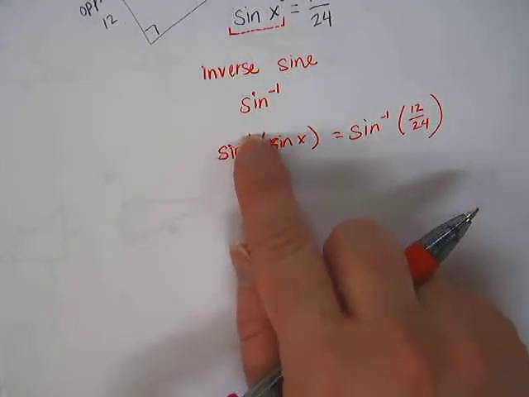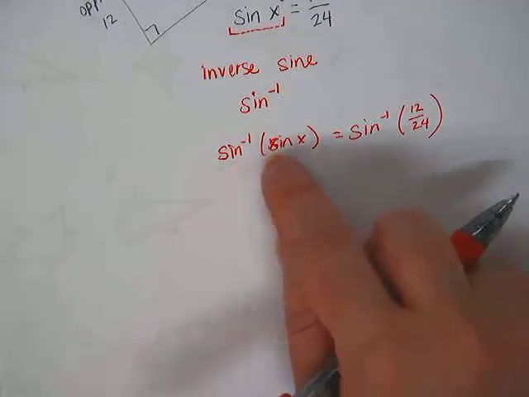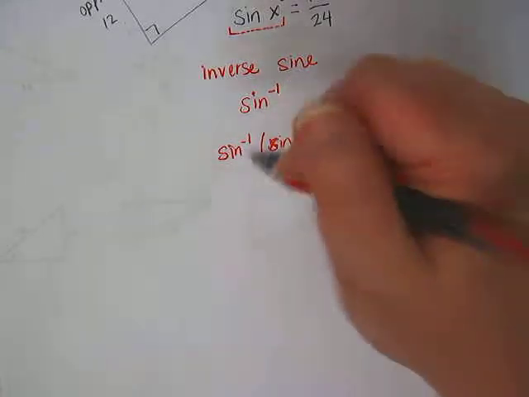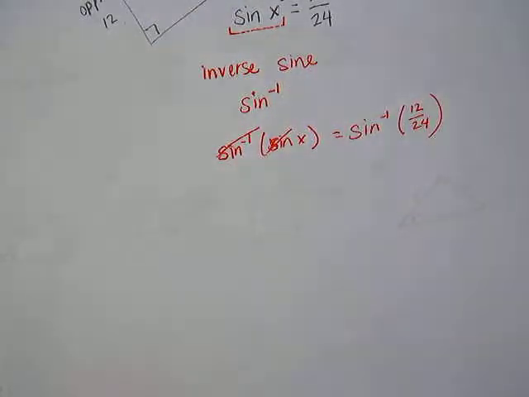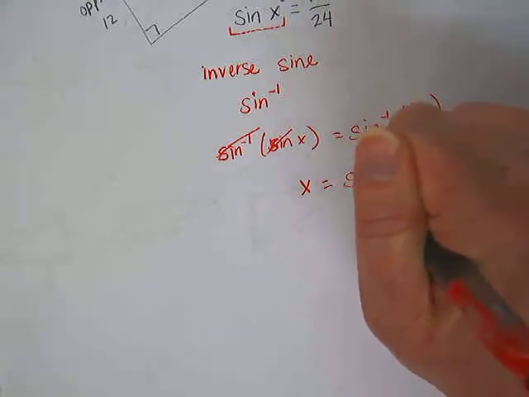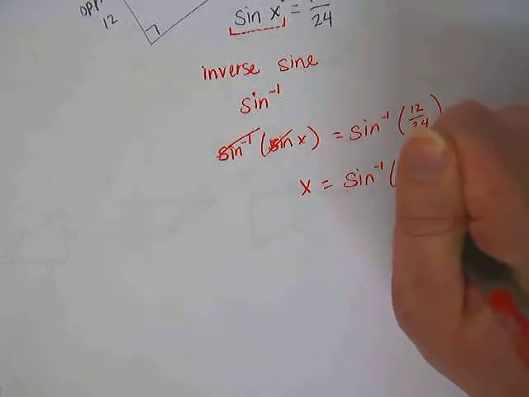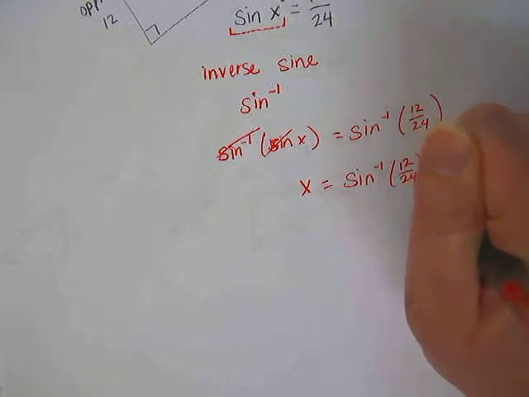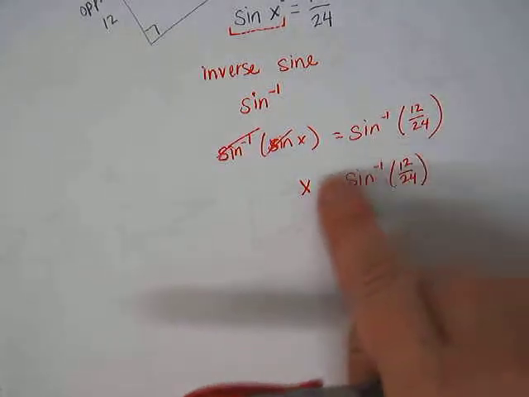Now what do you think happens when I have an inverse sine and a sine right next to each other like this? They cancel each other out, just like a square cancels out a square root. Okay? So then we have x equals the inverse sine of 12 over 24.